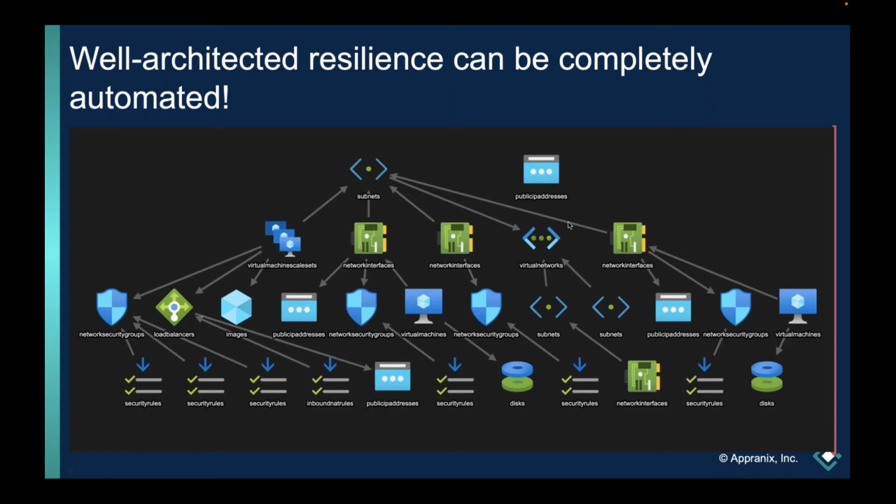For example, you could go from central to east, from east to west. You could even go from one continent to another continent, right? The hyperscale cloud has now made it possible.